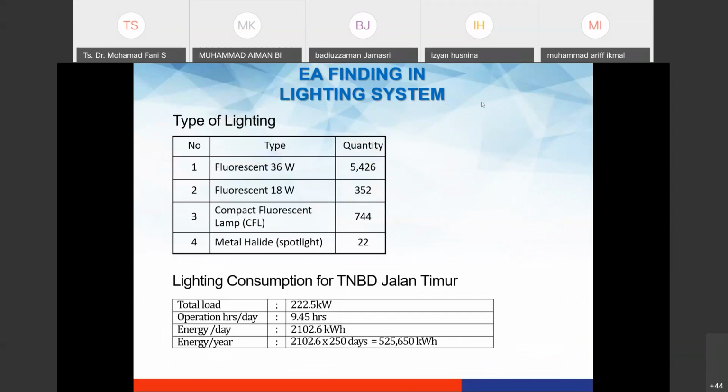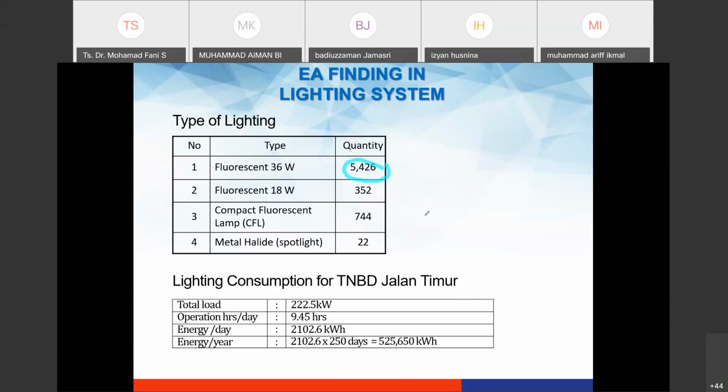So by using the room data survey, we can get the energy data from the lighting only. For example, when they collect the lighting, we can total up all the lighting quantity here. For example, fluorescent 36 watt, about 5,426. Fluorescent 18 watt, 300 something.